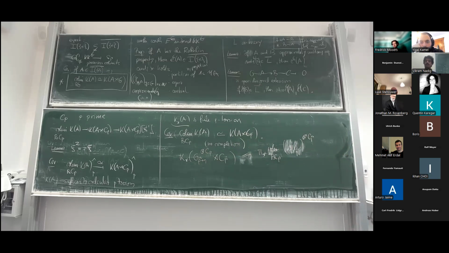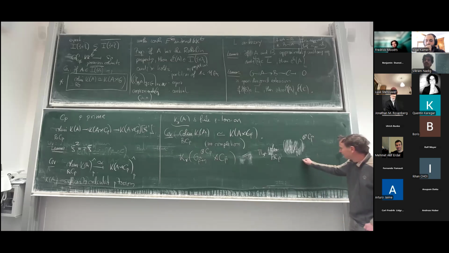Unfortunately, I thought, okay, now we apply some spectral sequences, and then we could calculate. But this problem is complicated. It's easy to calculate the homotopy groups of this thing, but the co-limit then is complicated.